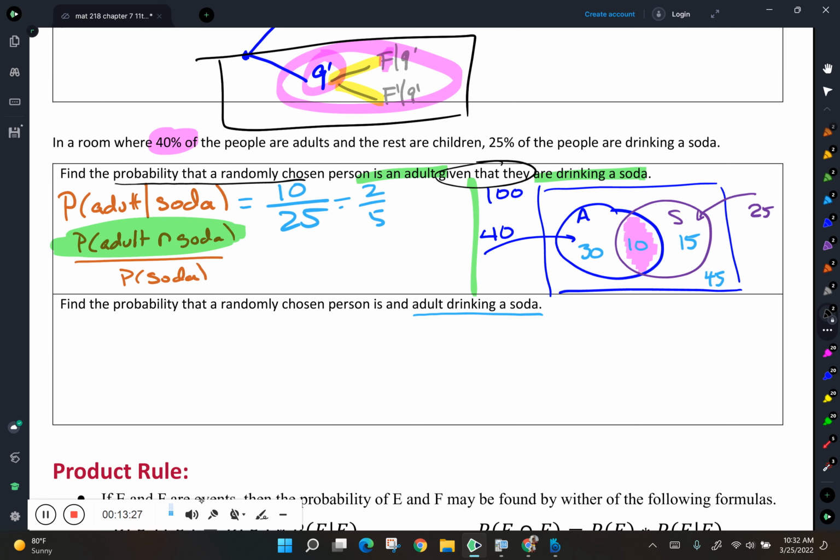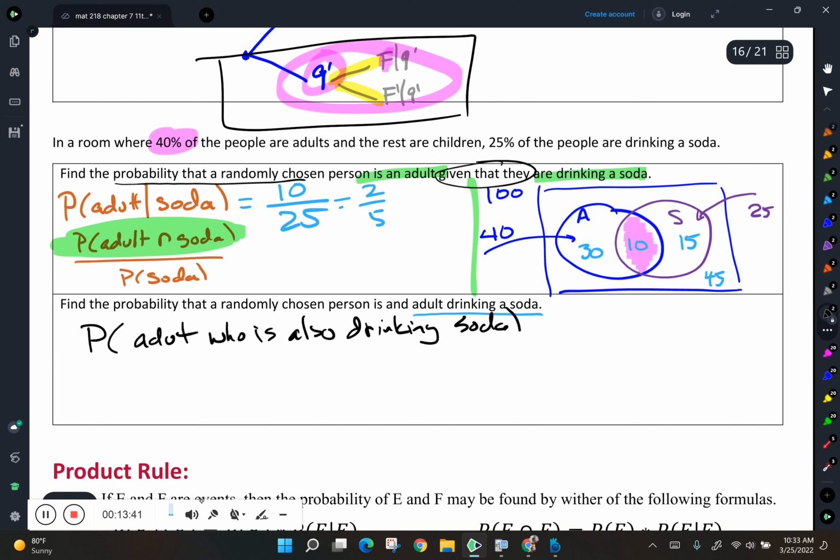They're talking about finding the probability that someone is an adult who is also drinking soda, meaning we're looking for the probability of A intersection S. We're looking for this probability right here that we didn't know before. That's what we're trying to find.